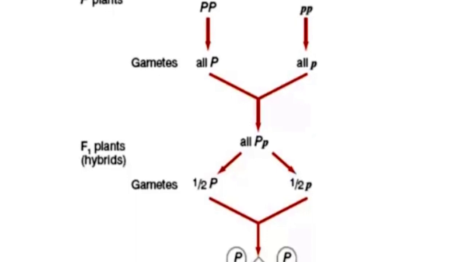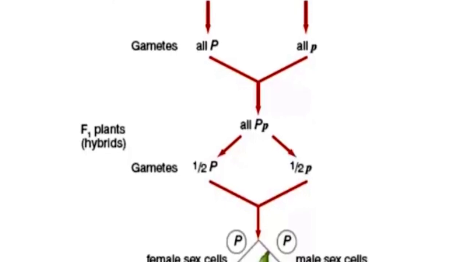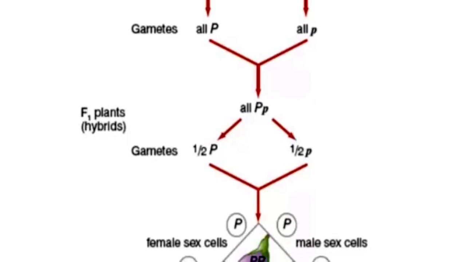It will have a homozygous allele, that means the alleles capital P are homozygous, similar. 2 flowers will have heterozygous alleles, meaning capital P, small p, uppercase and lowercase. The last flower will have the recessive homozygous allele, small p, small p.